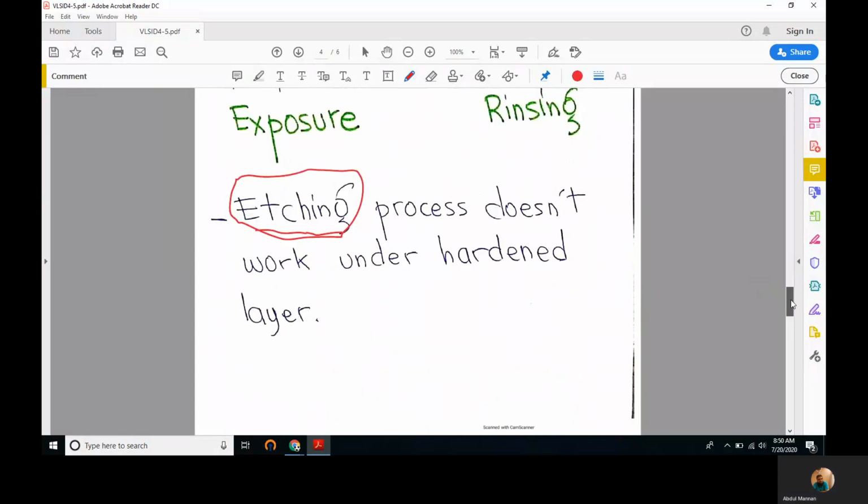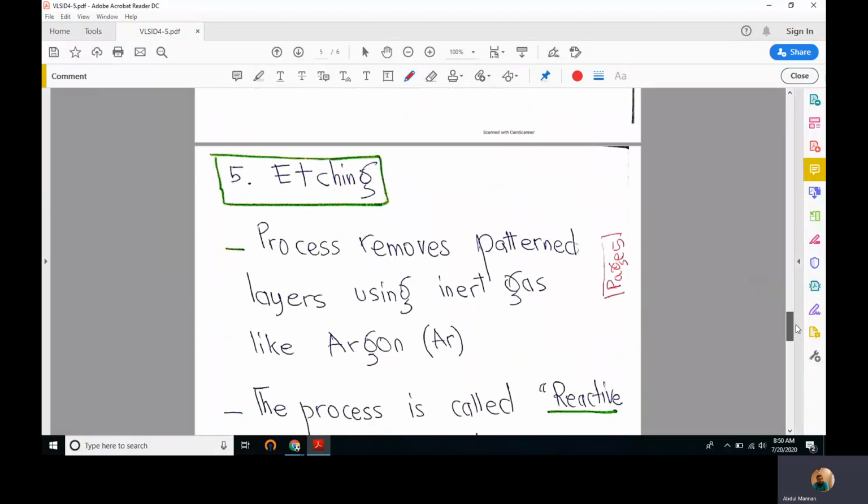Then we have the second last step, that is etching. This process removes patterned layers using inert gas. An inert gas is a gas in the periodic table with a full 8 electrons in its outermost shell, which means it does not react with any other atoms.